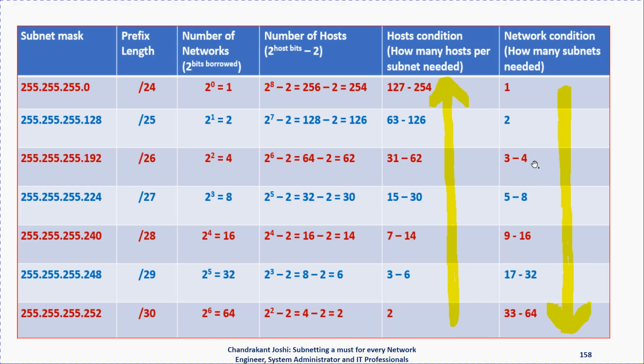If you have more than 4 networks but a maximum of 8, then we use this one /28. So these are the values based on number of networks, and these are the values based on the number of hosts. So we are going to extensively use this particular table to answer our scenario based questions.